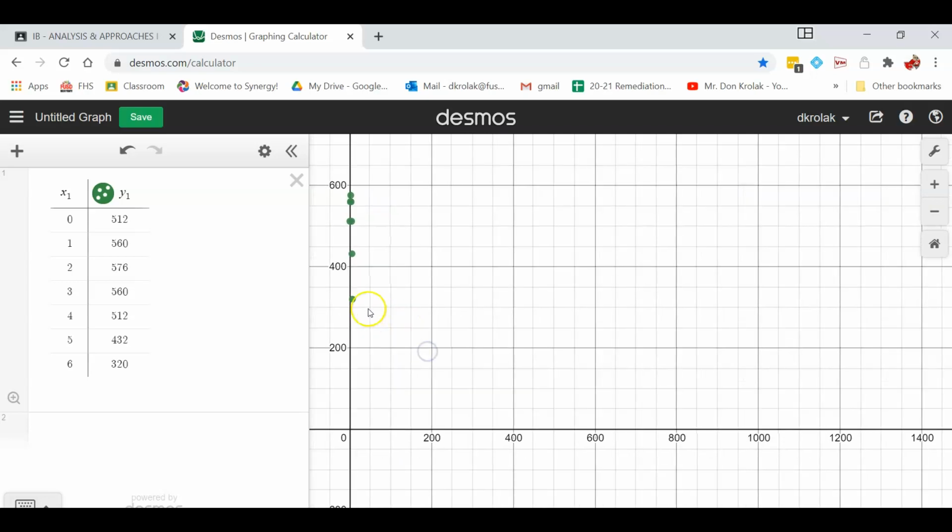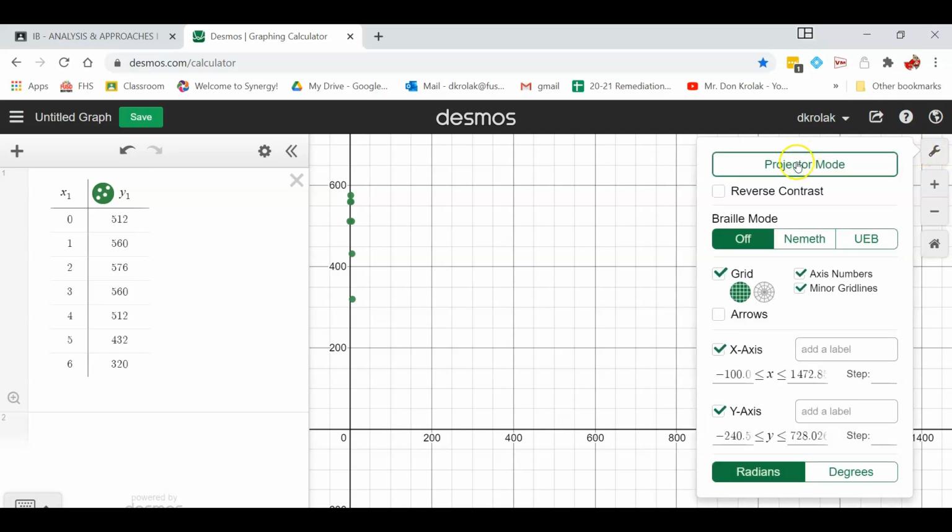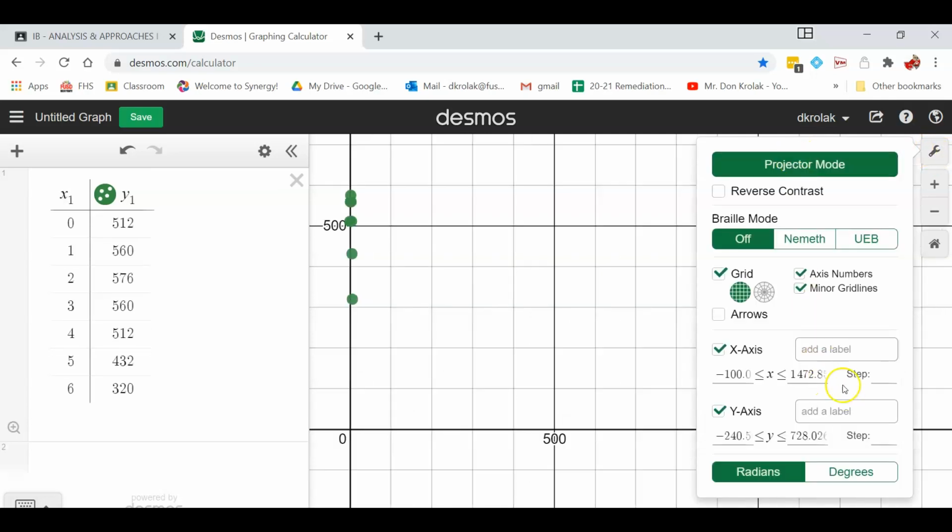So to see the quadratic, we know that our x-axis just goes up to 6. So I'm going to go up to my wrench, and right now my x-axis goes all the way up to 1400. I'm just going to have it go up to 10.